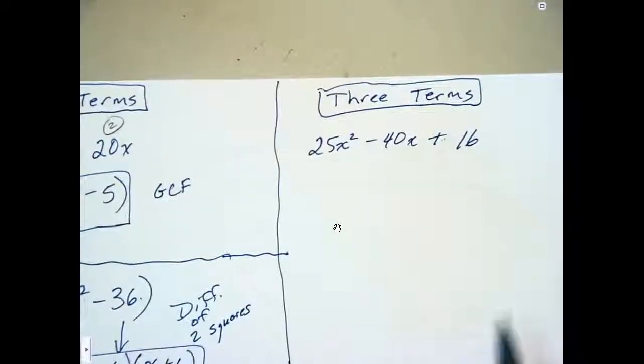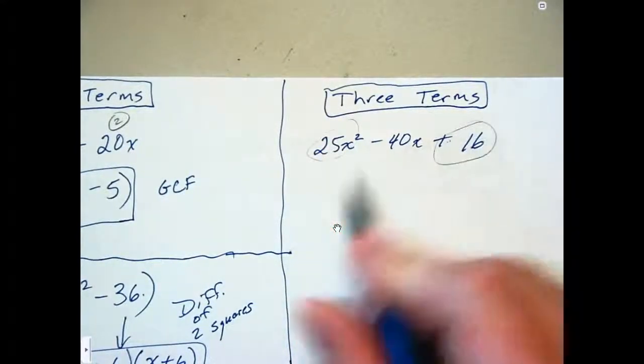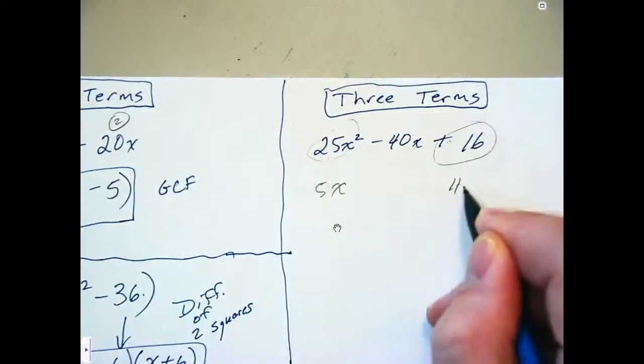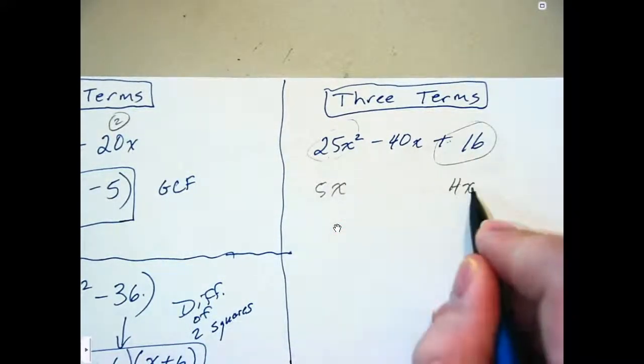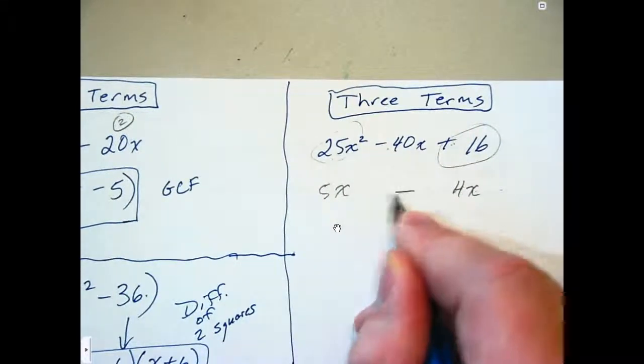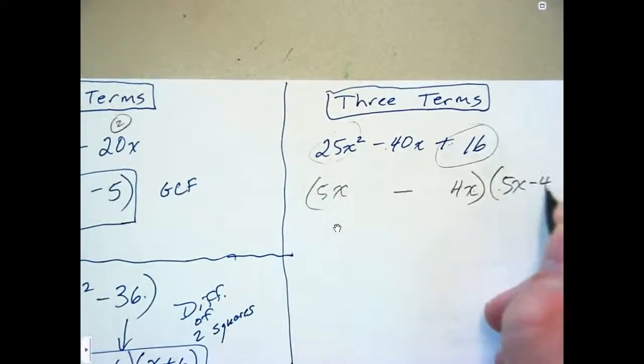So if you look at it and you go, hey, front term is perfect, back term is perfect, I take the square root of that, I get 5x, and the square root of that, I get 4, and 5x and 4 is 20x, doubled is 40x. This is a perfect square trinomial. I have 5x minus 4 and 5x minus 4.